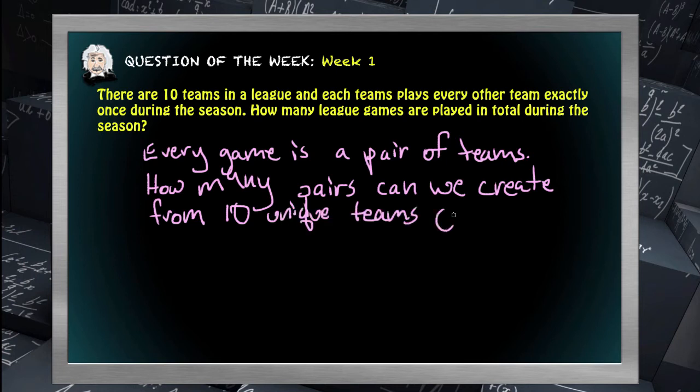And of course, there are no repeats of teams. Well, answering that question is just answering how many ways can I choose the first team and how many ways can I choose the second team. And since they're independent events, I will multiply those 2 results to get my total number of ways to put 2 teams together for a game.